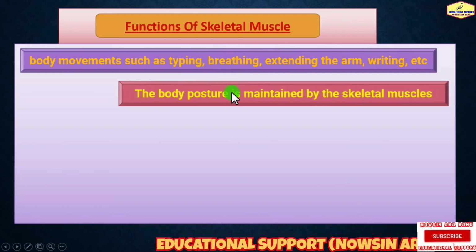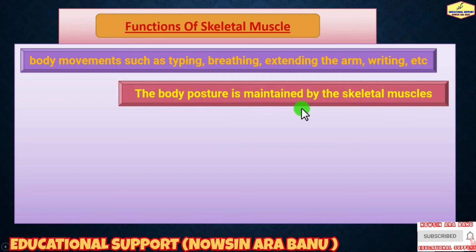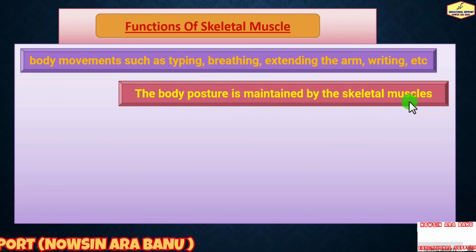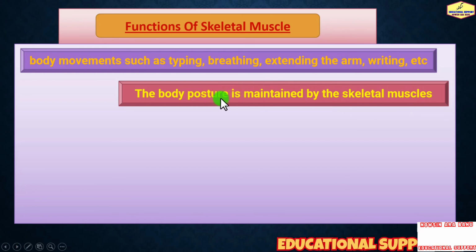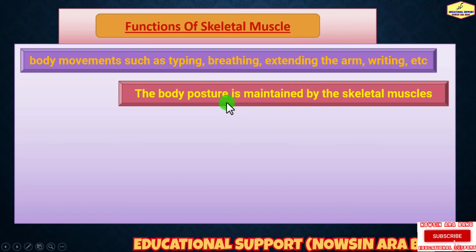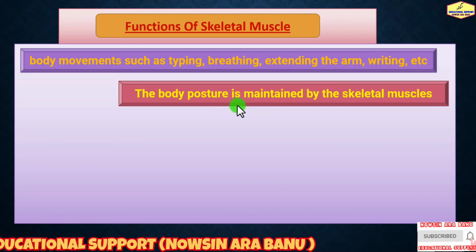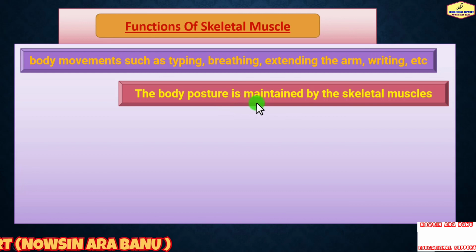Number 2, body posture is maintained by the skeletal muscle. The gluteal muscle is responsible for the erect posture of the body, and the sartorius muscle in the thigh is responsible for body movement.